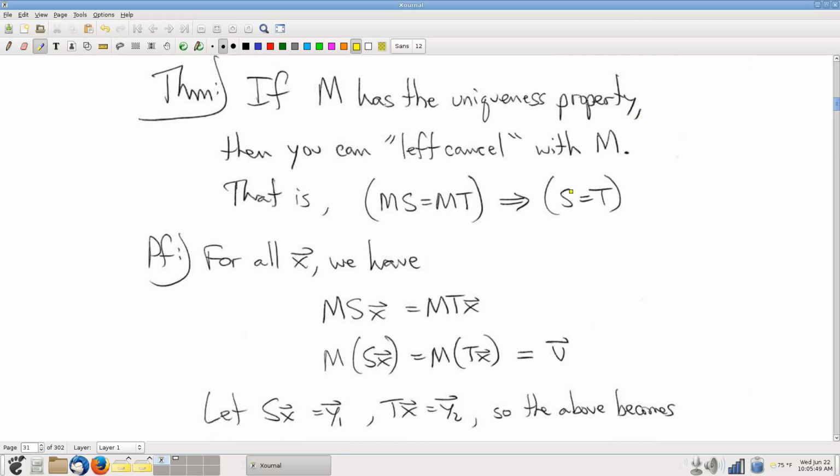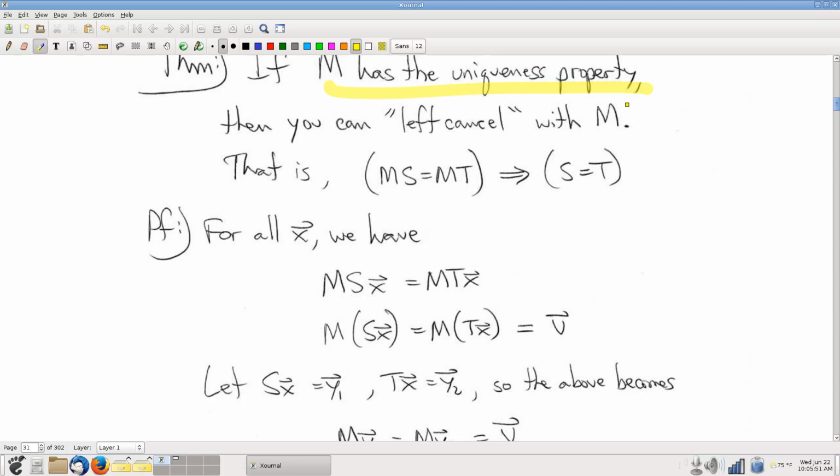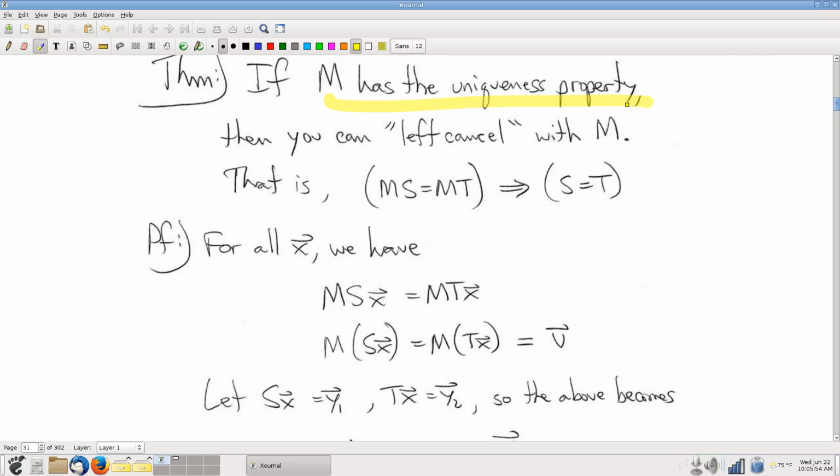So we're going to assume that our matrix M has the uniqueness property, and we're going to assume that MS is equal to MT, and then our goal will be to try to show that S is equal to T. Well, if MS is equal to MT, I can multiply by a vector X on the right, and I can apply associativity and get this. And that means, note, if the two sides of this equation are equal, then they're equal to the same thing, and I can give that thing a name, and I'm going to call it V.